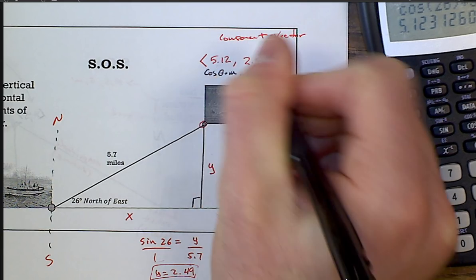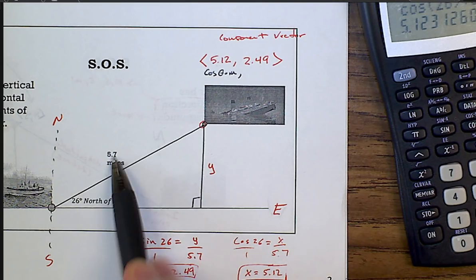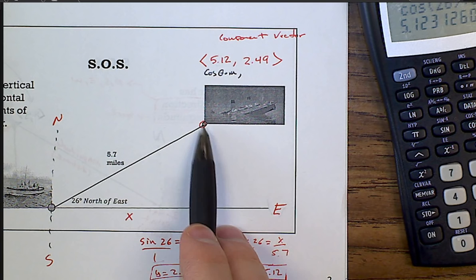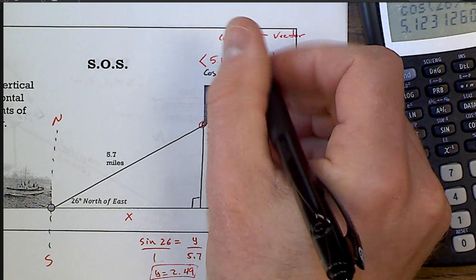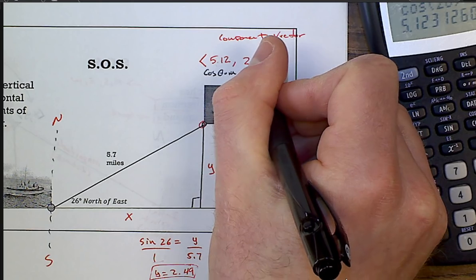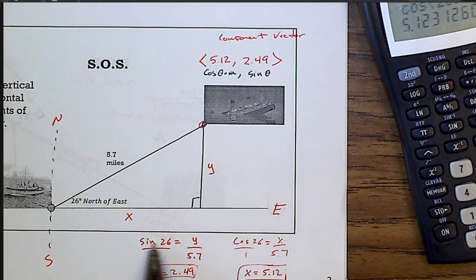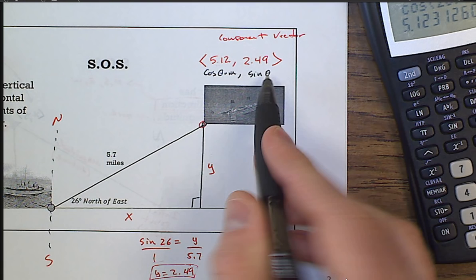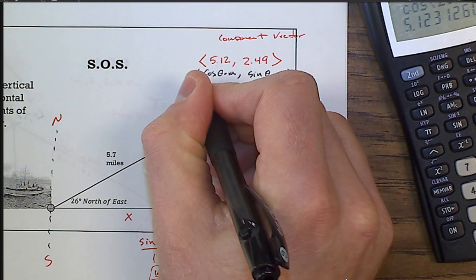To find your y, it's always opposite over hypotenuse, right? Anytime you find a vertical distance with a right triangle, you're going to have opposite over hypotenuse. So to find your y value is always sine of theta, sine of 26, theta is the angle measure, times the magnitude. And that is how you find the components, okay?